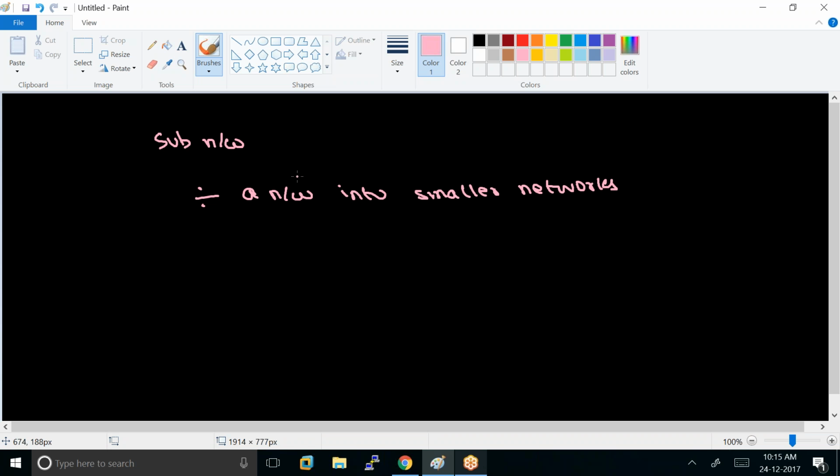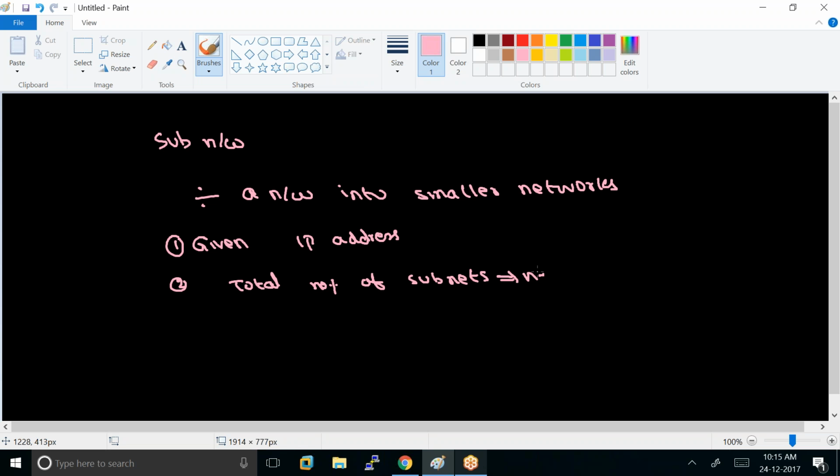Given a network, imagine you will be given an IP address. You will be given the total number of subnets that is needed.